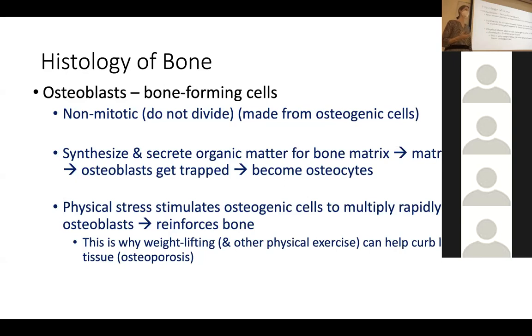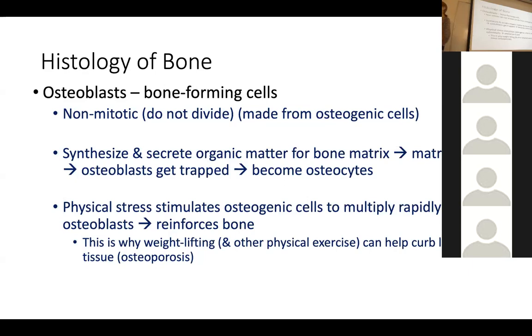So if you've heard of ways to limit or avoid osteoporosis, it's really important to actually, along with nutrition obviously, stress your bones to a certain extent, to a healthy extent. You want to put stress on your bones, whether it's walking, weightlifting, running, whatever, any kind of exercise that makes your muscles work harder and put stress on your bones is going to be healthier for your bones in the long term because of this whole process.